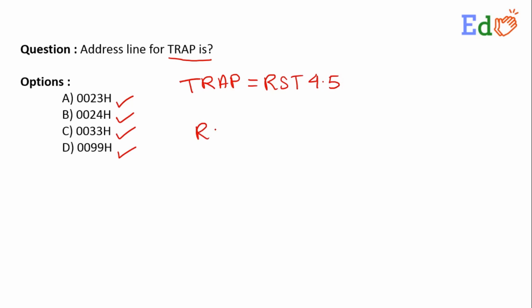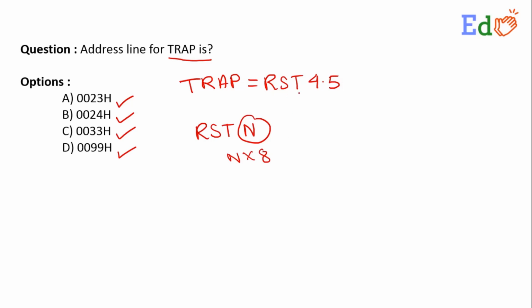Now when we have this type of question, if I got RST N, say N is any number here, and you want to know the jumping location where the program counter will jump, that address location will be actually N into 8.